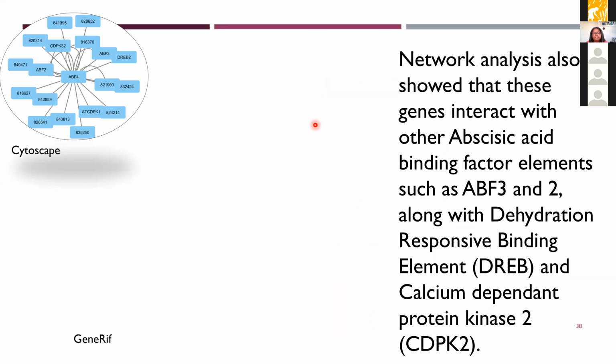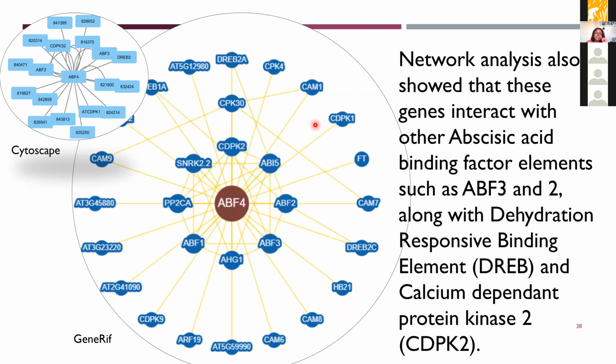We began to look further at the interactions of that gene with other genes in the genome. And so when we did a network analysis, we took that gene out and looked to see in the functional analysis, what does that gene do exactly? We found it had a lot of interactions with other drought resistance genes. So for example, ABF4 can interact with a calcium dependent protein.